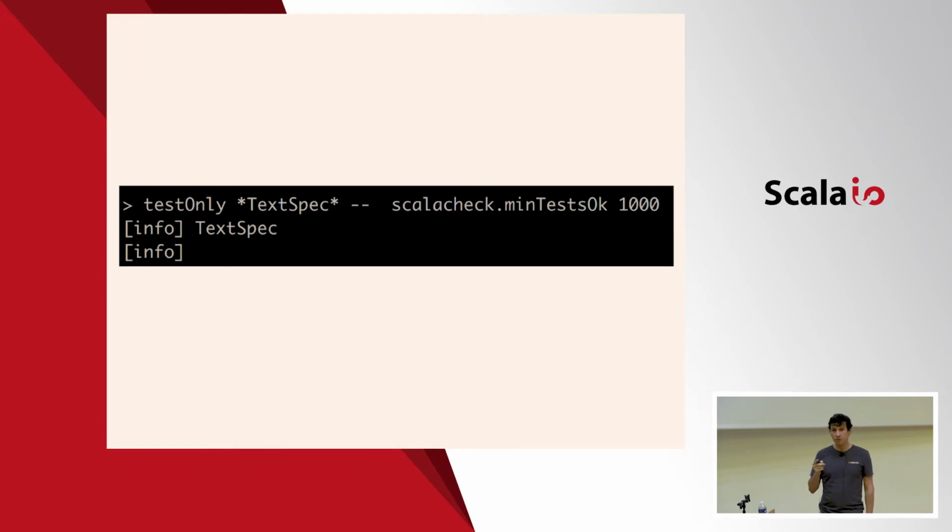This is actually quite useful, and I've had real bugs in production where the thing would occur only after 30,000 test cases. And ScalaCheck helped me find this. So don't hesitate on complex properties to crank up a little bit the number of minimum tests just to see if you're really sure it's a valid property.